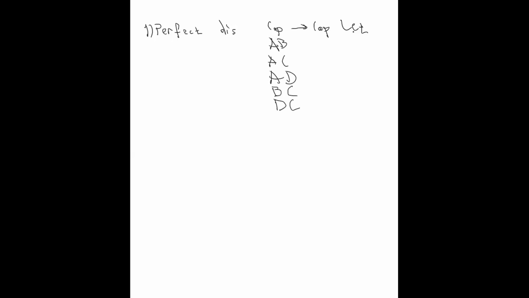Any capital to capital is a perfect dislocation. Glide planes: let me also write the definition. The glide planes are always Greek letters, gamma and kappa. So these are Greek letters.